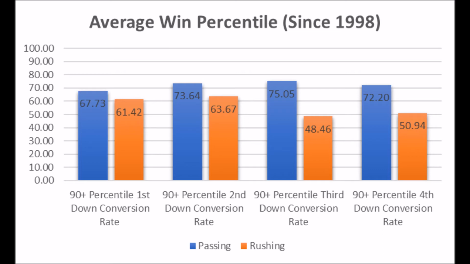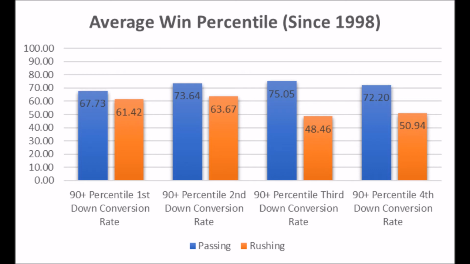And I think there's a lot of logical sense to this because if you need to convert on second down, third down, first down, I'm not going to say it's easier to do it with the pass, but when you're running, you have to have a lot of different things go your way.